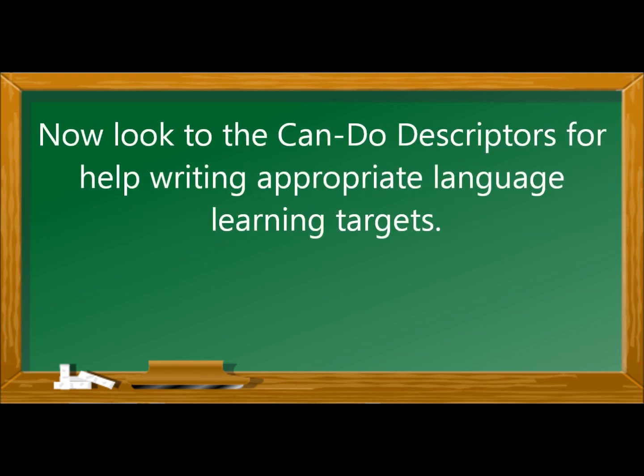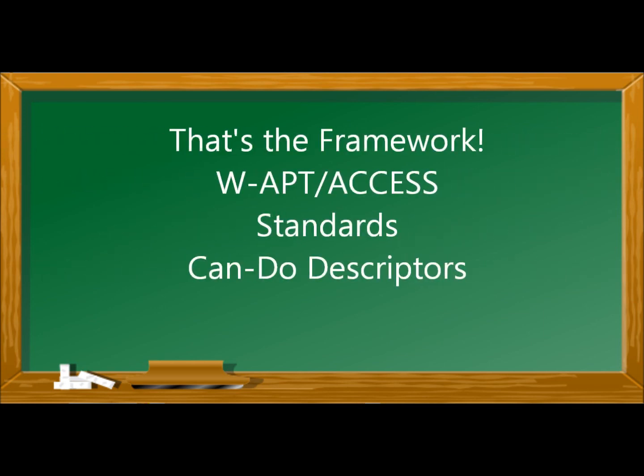Then I could look further at the can-do descriptors in order to help myself write language learning targets that go along with my content learning targets. In that way, as a classroom teacher, I'm helping the student develop language proficiency as well as content proficiency. See how it works? Not so bad, right?